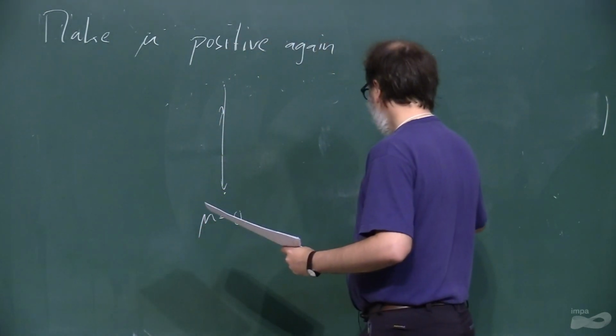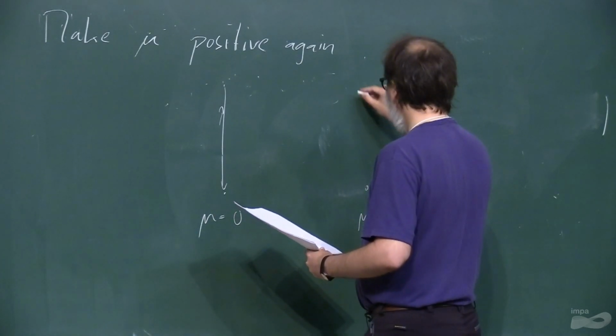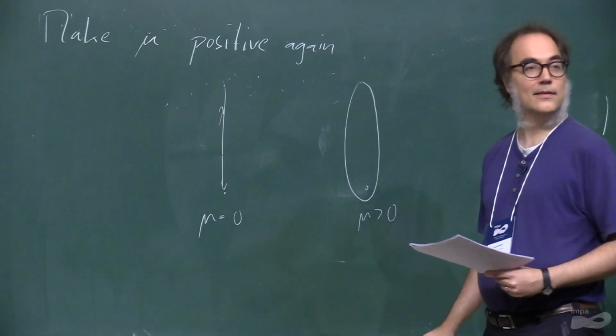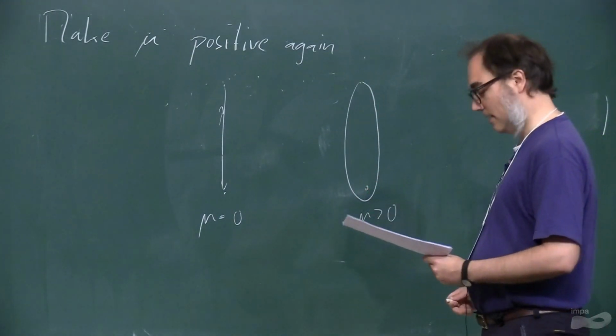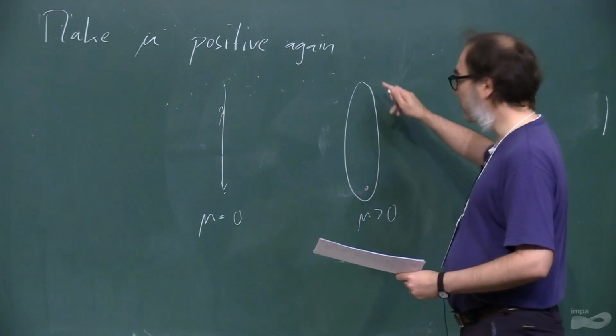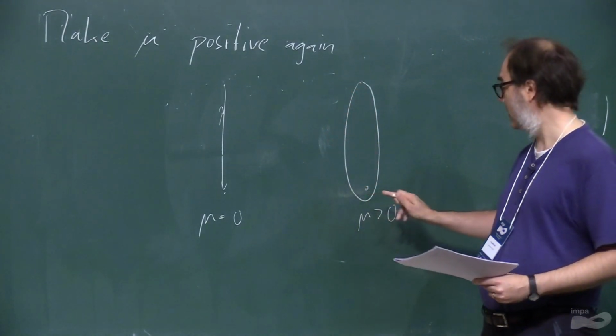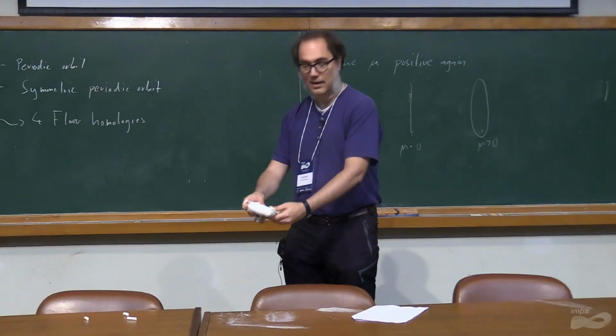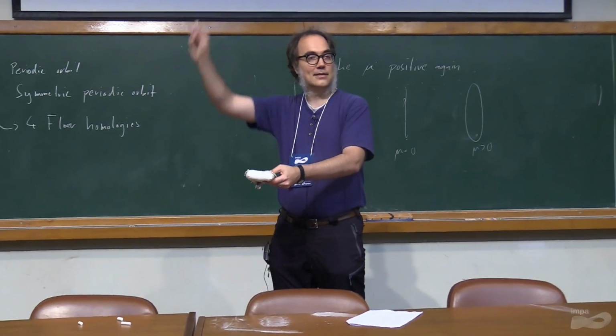But now, if mu is positive, this becomes a periodic orbit. It's a kind of polar orbit. So here it is in 3D. Here is our moon, and our orbit will do something like this.